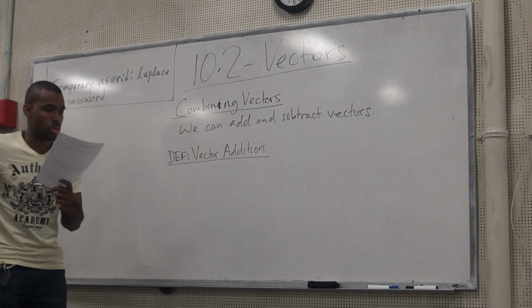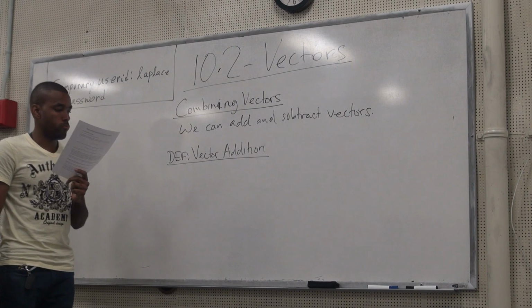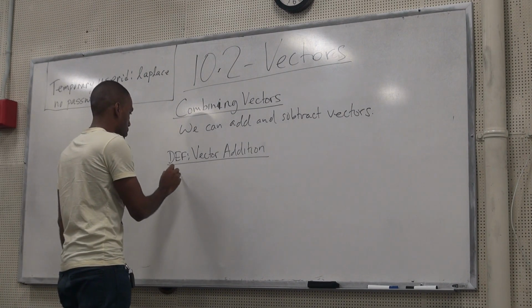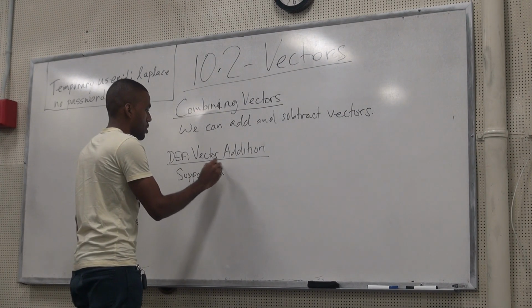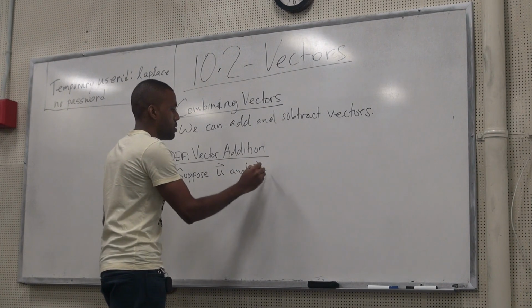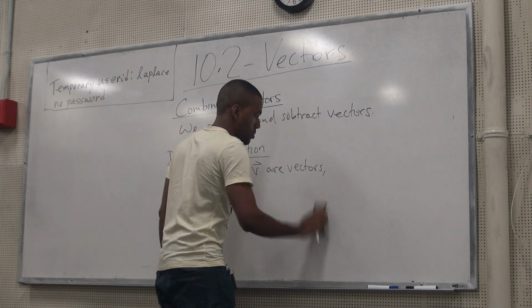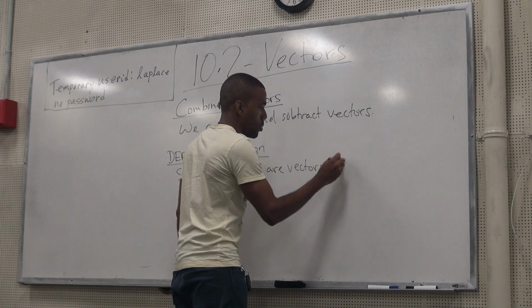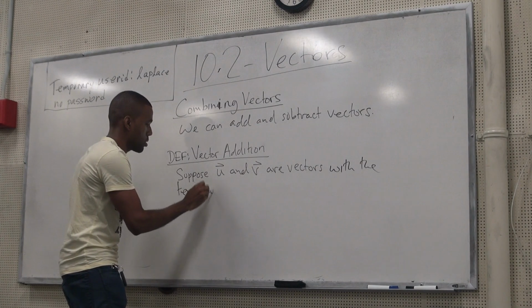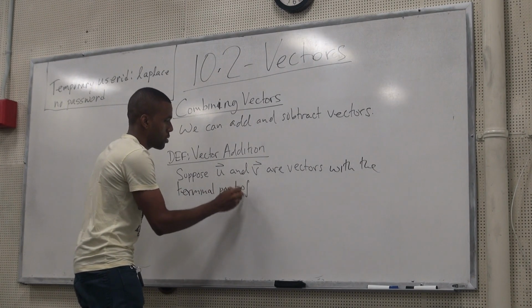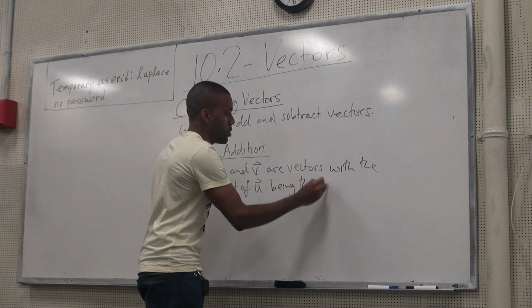I'll describe this in words. Suppose u and v are vectors, with the terminal point of u being the initial point of v.